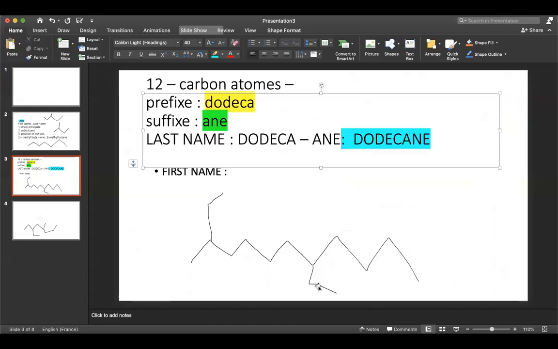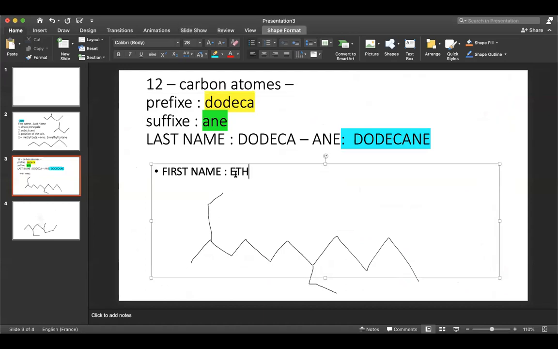Methyl. Ethyl. We're going to call it ethyl. It's ethane with one hydrogen atom less, minus one hydrogen. It becomes ethyl, guys. Nomenclature is not hard. It's the simplest. Ethyl. Then we have another one here.